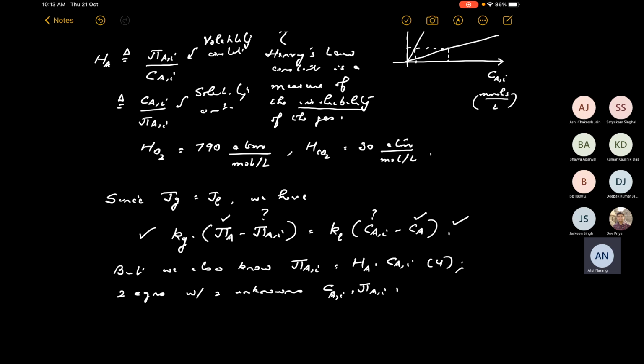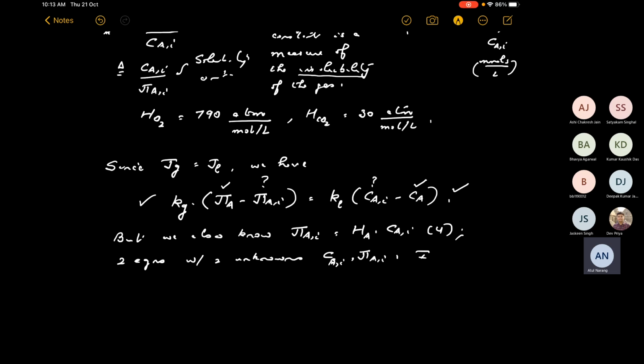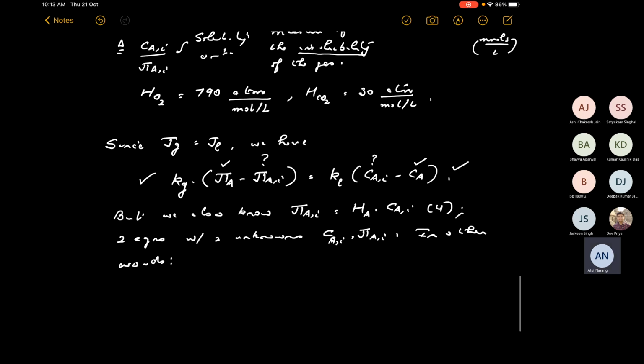So for example, take this relationship pi AI equal to HA CAI, plug it into the first equation, and you get Kg multiplied by pi A minus HA multiplied by CAI.